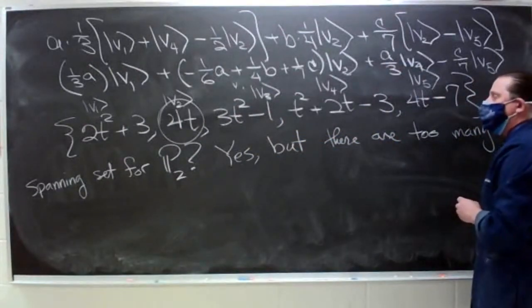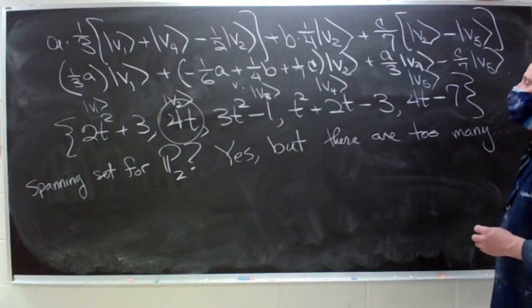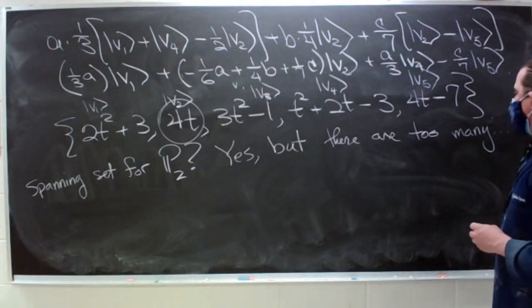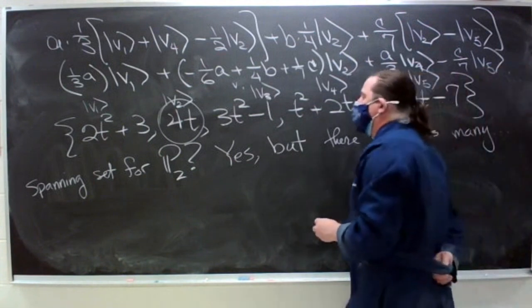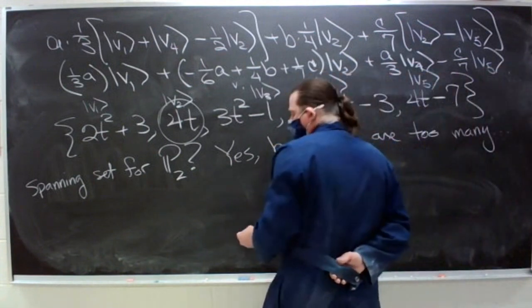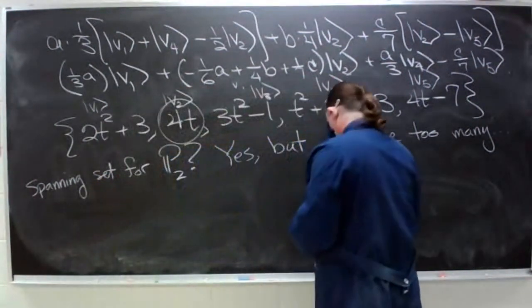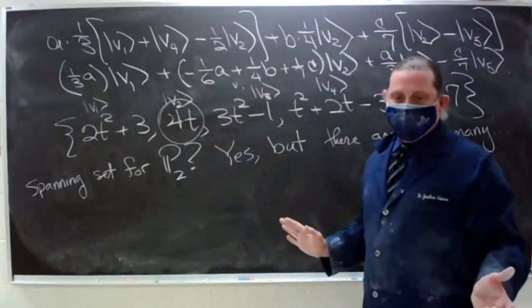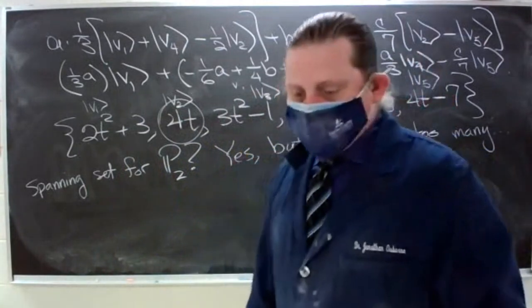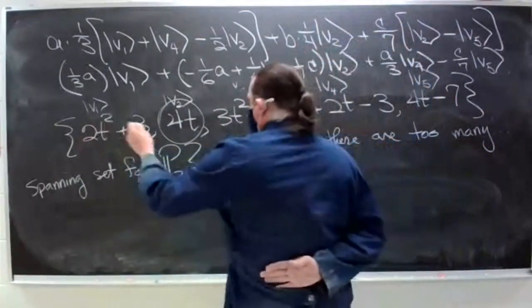So let's see if we can find an easy way to get 0. All right, so let me just cut that off. We went way too far down that rabbit hole.